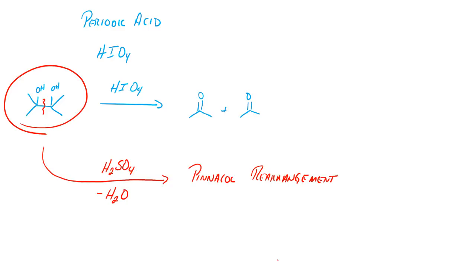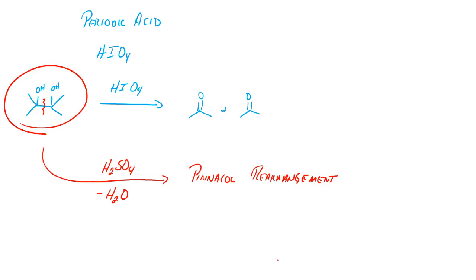So for a diol, right now we have two reaction options. With the periodic acid, we can cleave those apart and have two carbonyls left over, or we can do a pinacol rearrangement and end up with a carbonyl also. So take a look at your notes for the pinacol rearrangement. You'll see the mechanism and everything in there. But that is the end of our oxidation portion, at least for chapter 10.